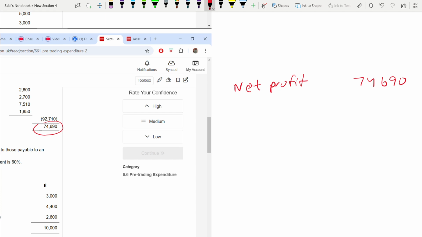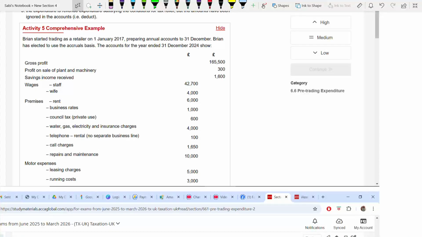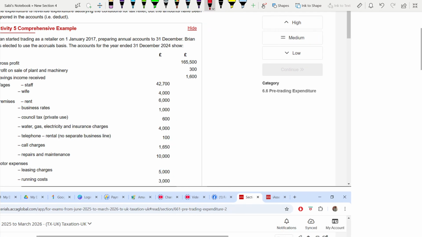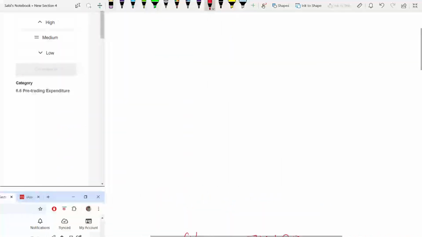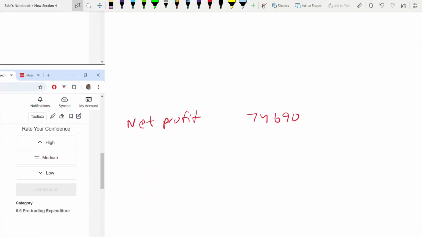Now, we have to do the adjustments. So let's start with the adjustments in the order given. First one, profit on sale of plant and machinery. This you have to deduct because this is not trading income, but they have added it there. So we'll deduct the 300, profit on sale of machinery.